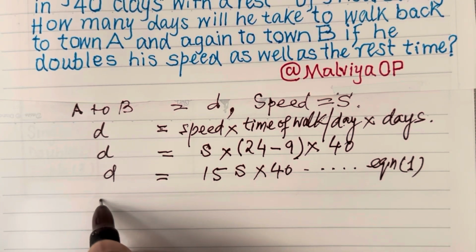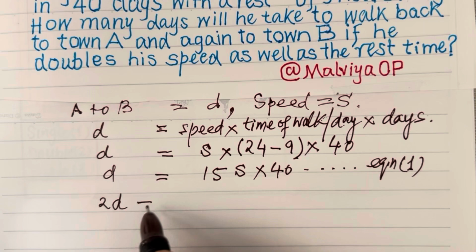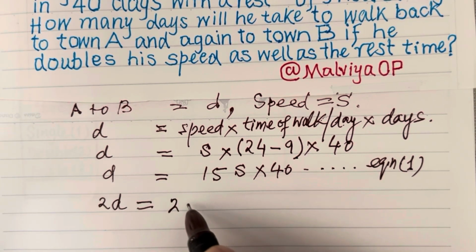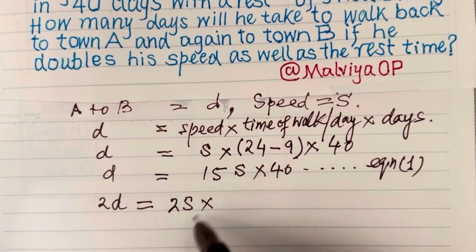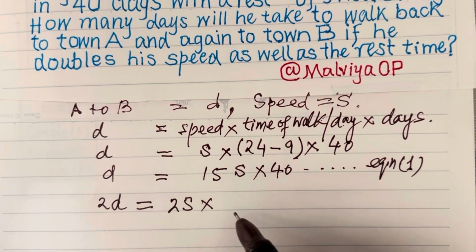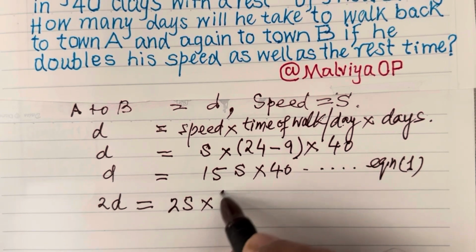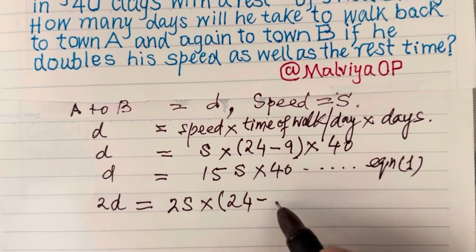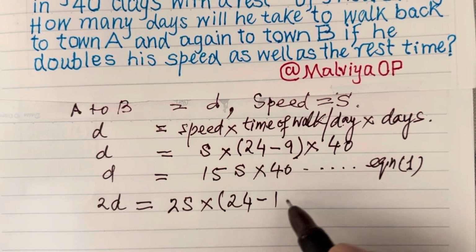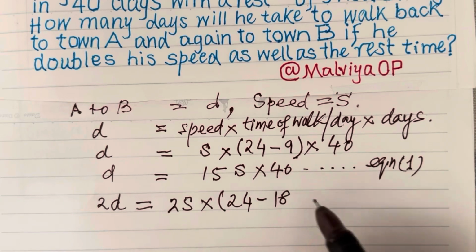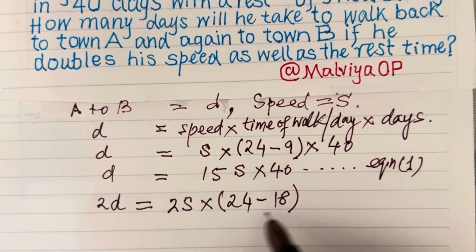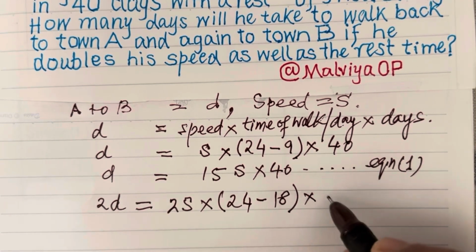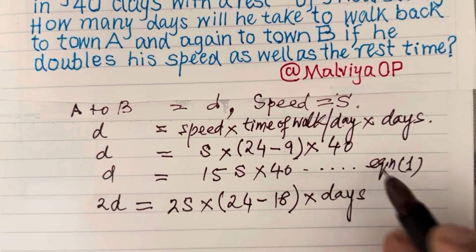So the distance becomes 2D, and this is equal to the speed, which is again double, that is 2S, and the time of walk per day would be 24 minus the rest, which is double of the previous one, so it becomes 18 hours. So 24 minus 18 multiplied by the days of walk, which we do not know.